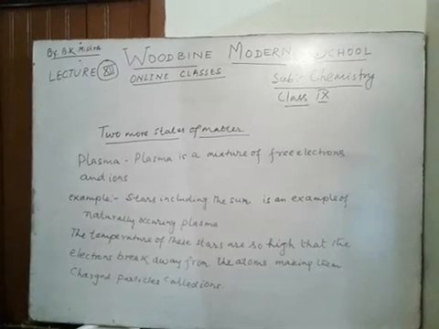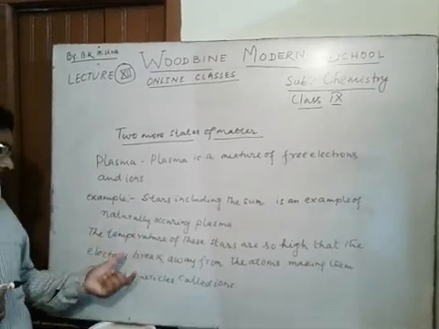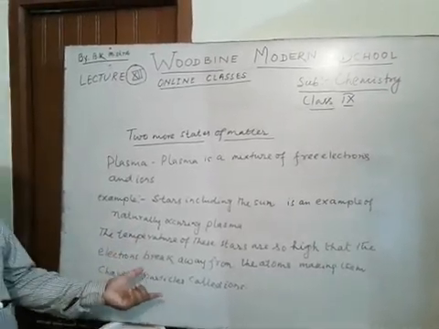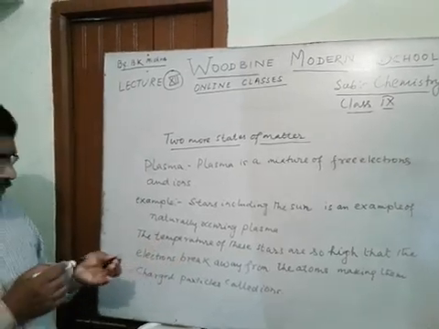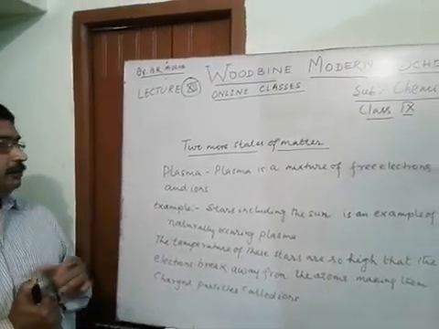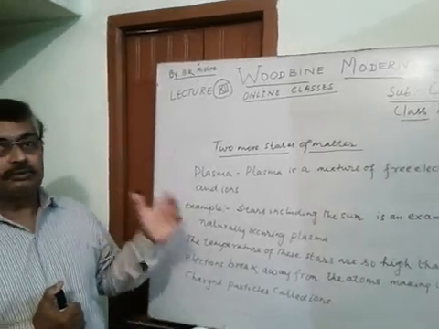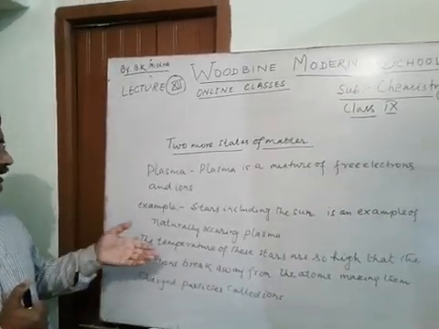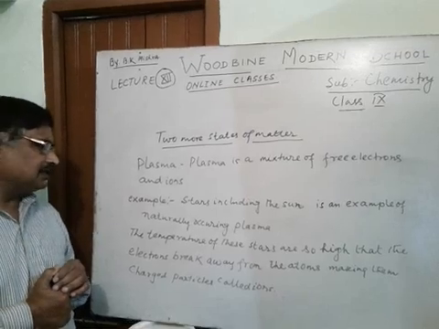Now, due to these ions and free electrons, the stars glow or produce light on their own. Okay, so this is an example of natural plasma.